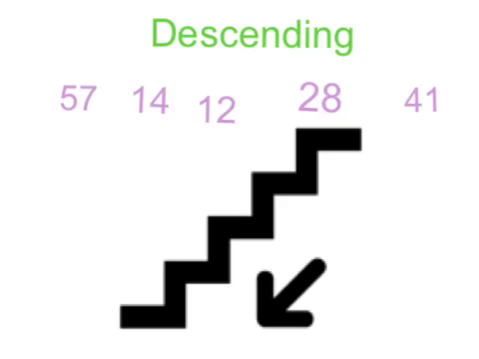I've got to find the biggest number first. Let's look at the clue in the tens column. Which one of these numbers here has the biggest number in the tens column? 5, there it is. So that would come first in descending order.